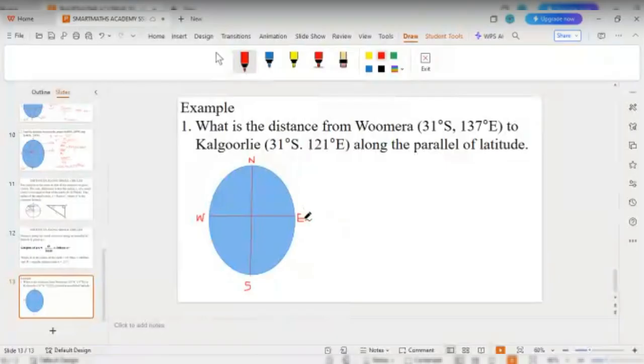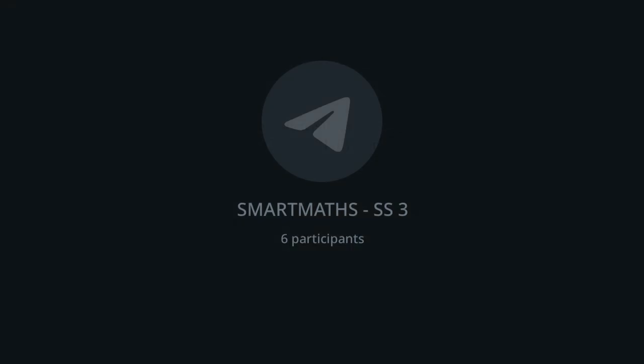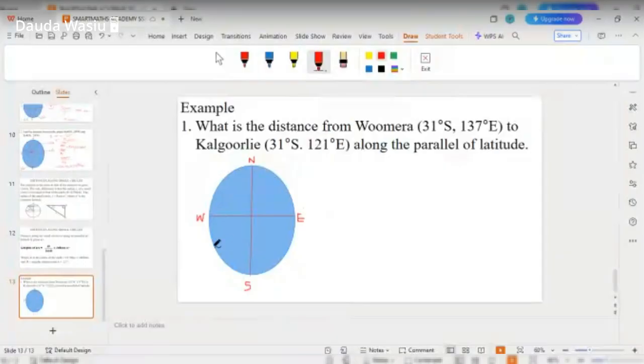Now, 31 degrees south is somewhere here. This is the south side, which is the latitude. It goes from west to east. So let me use this line for 31 degrees south.